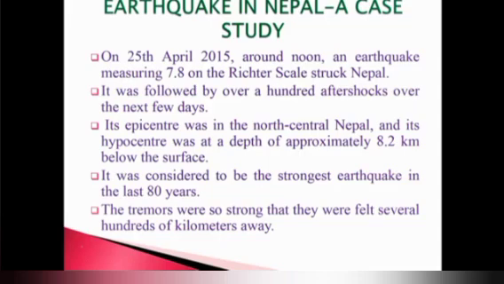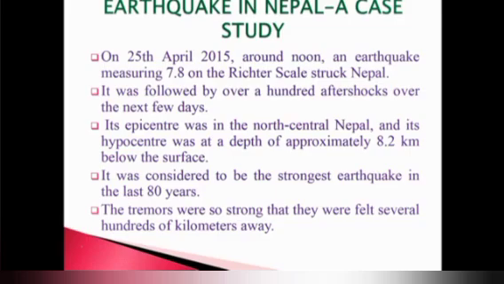Its epicenter was in north central Nepal and its hypocenter was at a depth of approximately 8.2 kilometers below the surface. So, it was considered to be the strongest earthquake in the last 80 years.